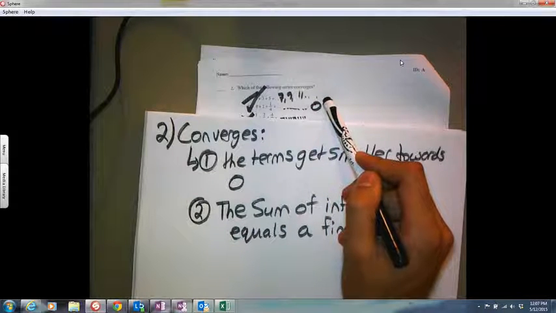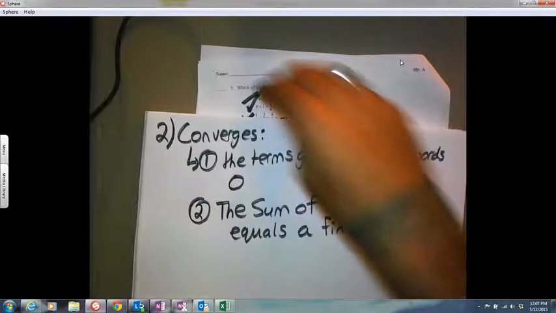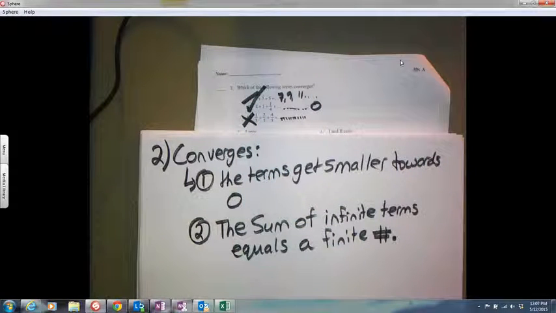Looking at number 2, 4, 1, 1/4. That means R is 1/4. Every term is getting smaller. The next one is 1/16, 1/64, 1/256, and so on. Terms are getting smaller to 0. Good sign. We converge. And number 3, 1/3, 2/3, 4/3, 8/3, 16/3.